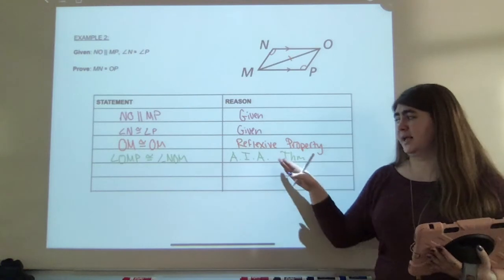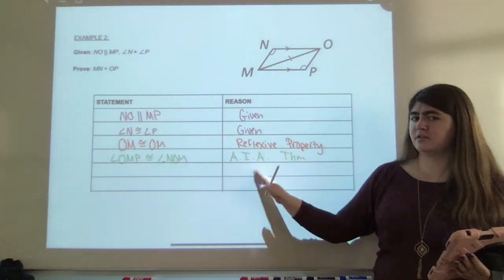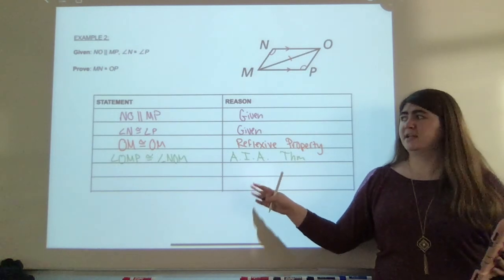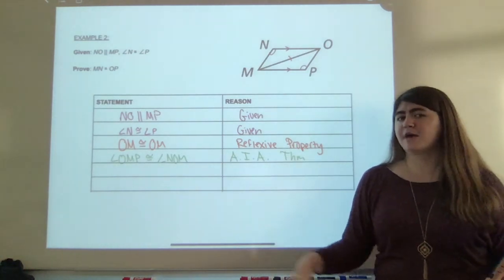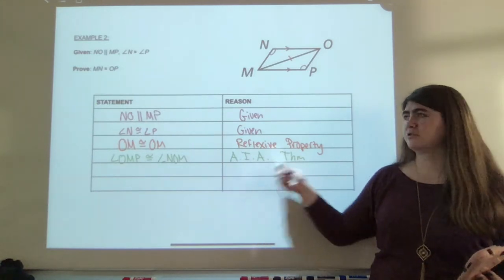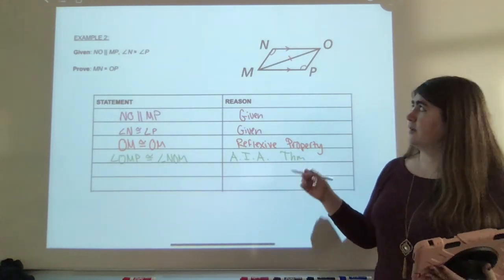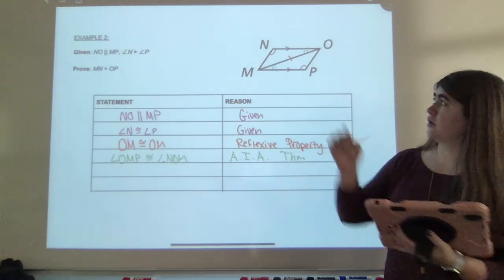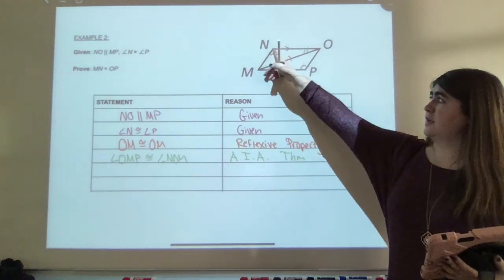You can use this in my class. You can't use this in the real world, so if you were planning on going a little further in math later on in your life, I would probably write out the whole thing. Alternate interior angles theorem.